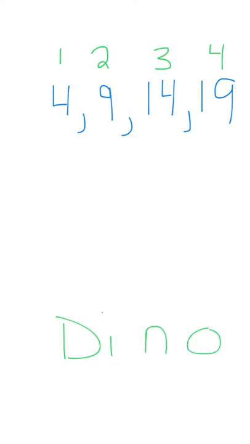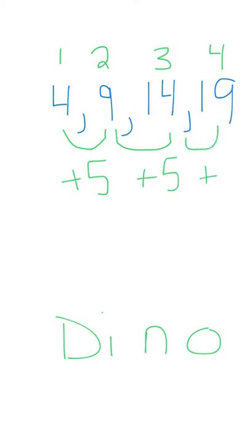D-I-N-O, dino. So first my difference is from 4 to 9. What do I have to do to go from 4 to 9? I have to add 5. What about to get from 9 to 14? Again, I add 5. And then 14 to 19, I add 5. So that means my DI is going to be 5.